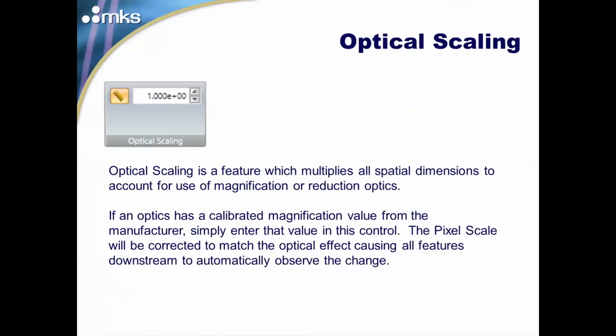BeamGage applies this correction at the pixel dimension level, which then propagates out to every feature from there. So by entering it in one place, every feature in the application will automatically scale to the magnification being used in your application. And that feature is on the computations ribbon.